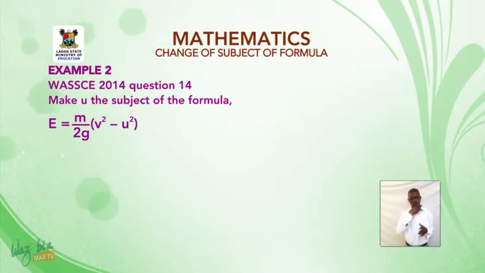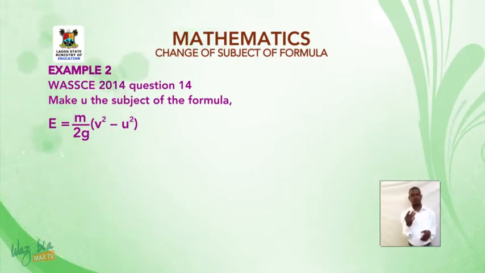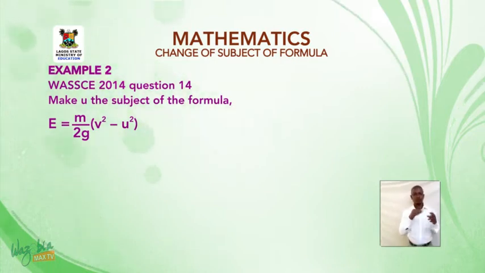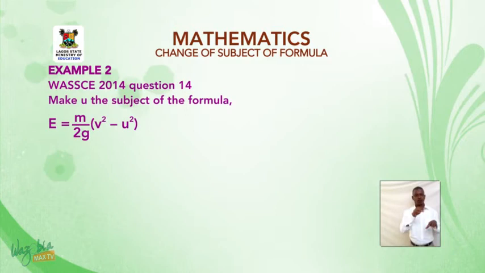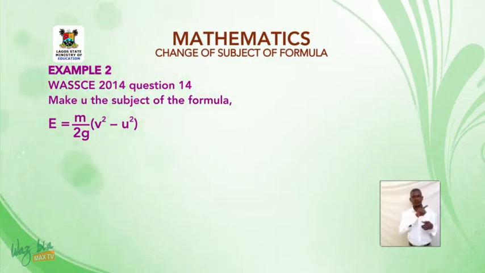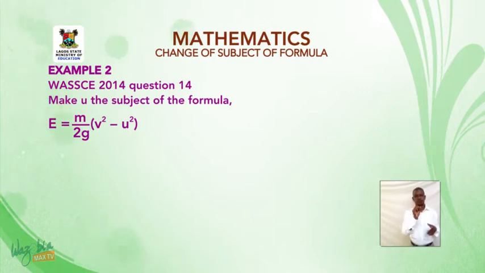Example 2. WAEC 2014, question 14. Make u the subject of the formula. E is equal to m over 2g bracket v square minus u square.